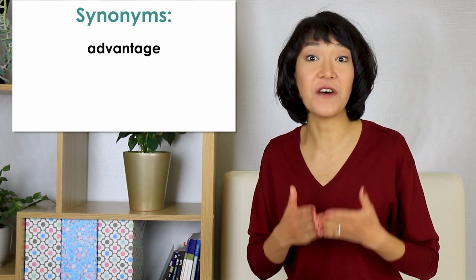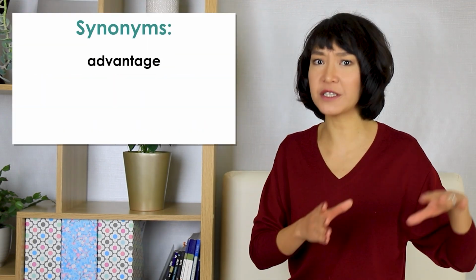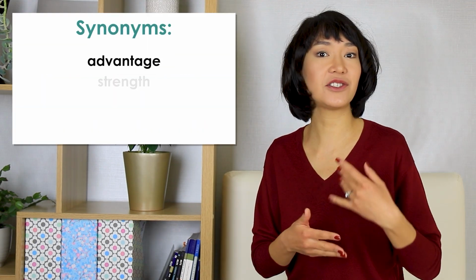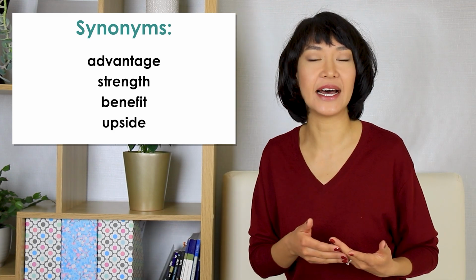Number 4, synonyms. So far, we've been talking about avoiding word repetition in 2 consecutive sentences. In general, to demonstrate a wide range of vocabulary, you should not repeat the same word several times if you can replace it. Let's say the word advantage has a number of words with a similar meaning: strength, benefit, or upside.